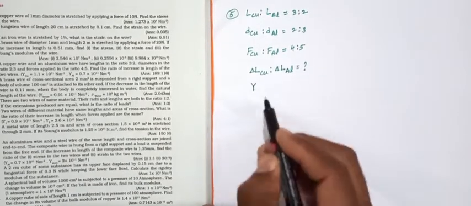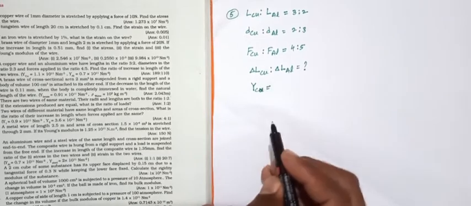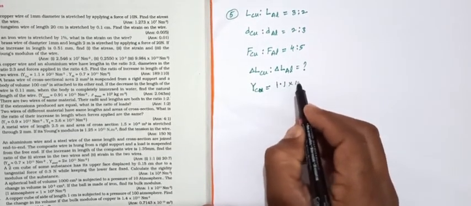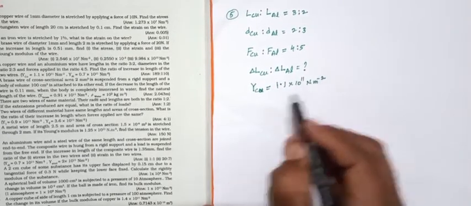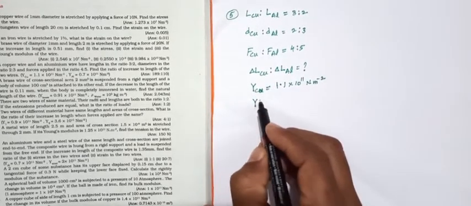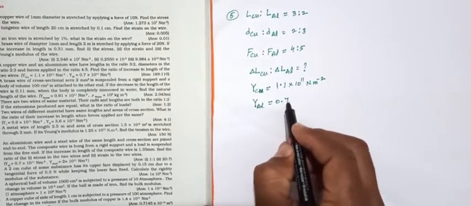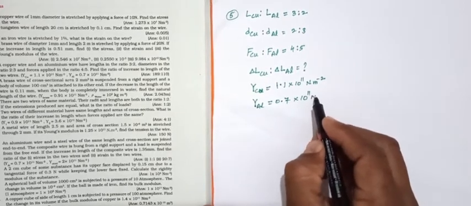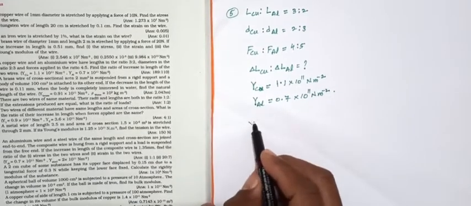Young's modulus of copper is 1.1 into 10 to the power of 11 Newton per meter square. Young's modulus of aluminium is 0.7 into 10 to the power of 11 Newton per meter square. What is Young's modulus?